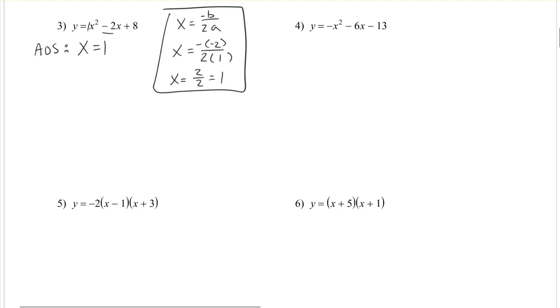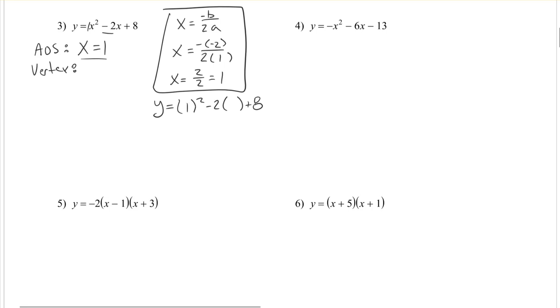So then to find our vertex, we know that the x value of our vertex is 1 because it's on our axis of symmetry. So we're going to take our equation, y equals x squared minus 2x plus 8, and substitute that in for x.